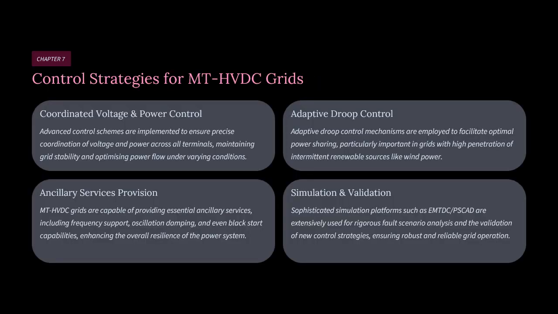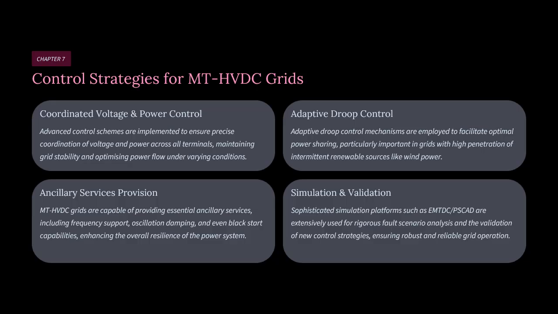Control strategies for MT-HVDC grids: coordinated voltage and power control. Advanced control schemes are implemented to ensure voltage and power across all the terminals, maintaining grid stability and optimizing power under varying conditions. Adaptive droop control mechanisms are employed to facilitate optimal power sharing, particularly important for grids with high penetration of renewable sources like wind power.